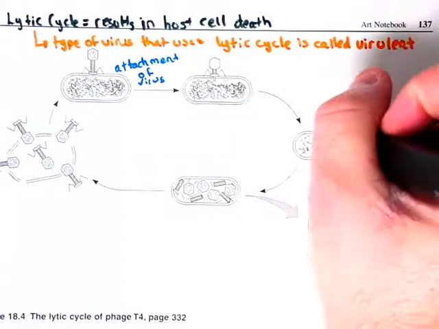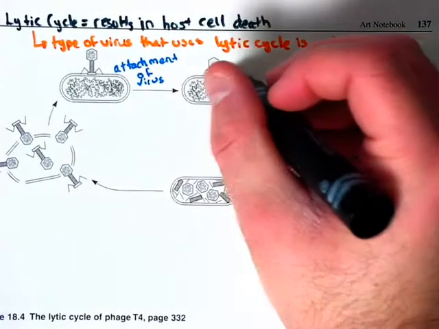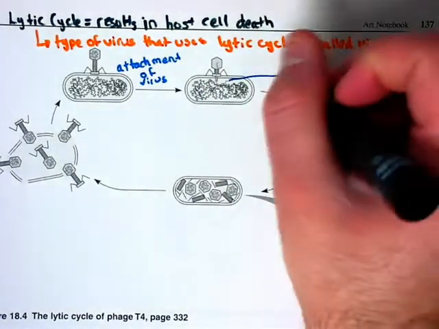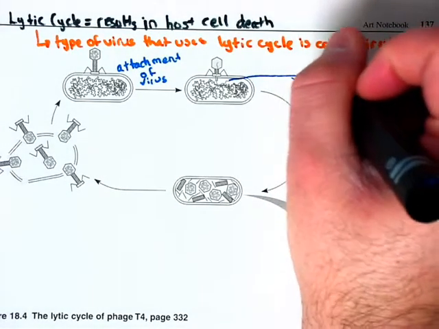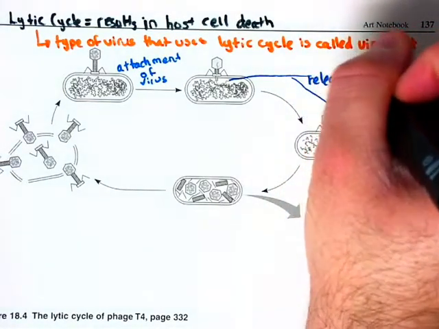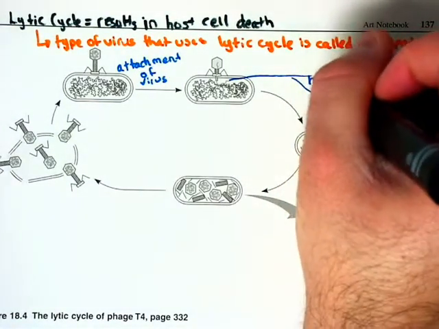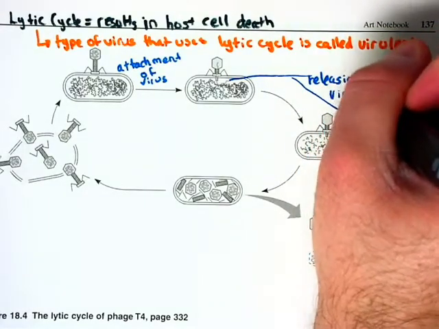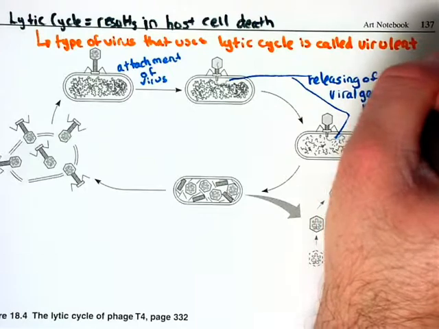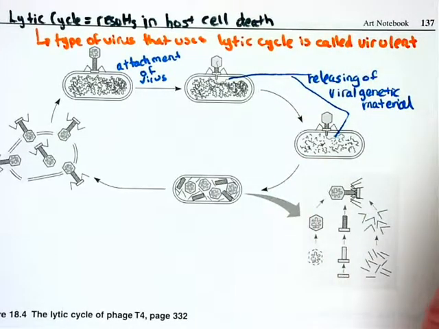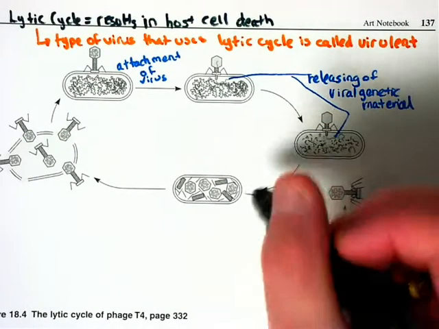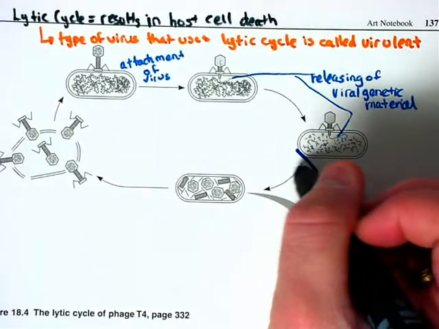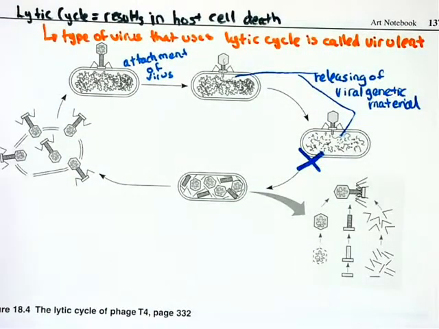Obviously, and you can see it kind of in this drawing and in this drawing, you've got the releasing of viral genetic material. And it's at this point that the cell loses its native or natural function.